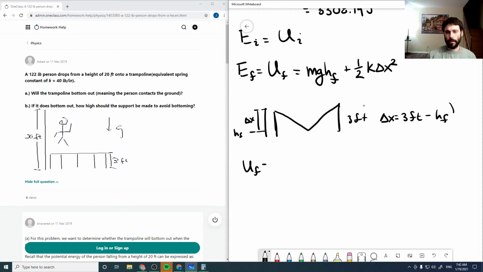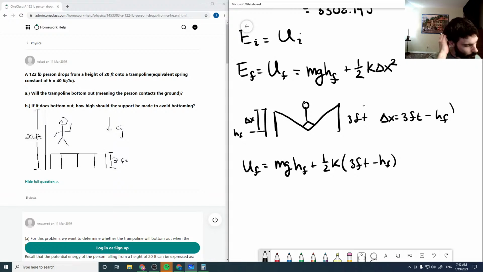So then our final potential energy is mg, and our little man is there, mg hf plus 1/2 k times 3 feet minus hf, squared, sorry. And just to do some conversions there, 3 feet times our 0.3048 meters per foot comes out to be 0.9144 meters.